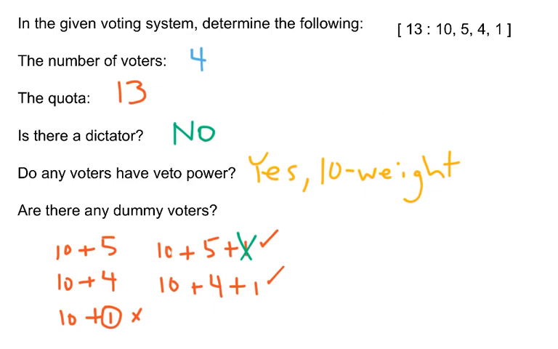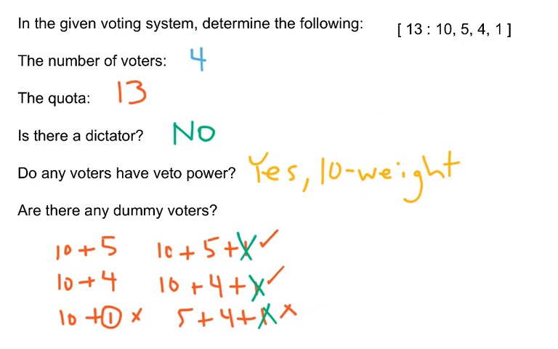That would pass a motion, but here again the 1 is not necessary to get to my quota. Next, what if I had the 5 plus the 4 plus the 1? That's not enough to pass a motion. So here again, the 1 voter didn't matter.